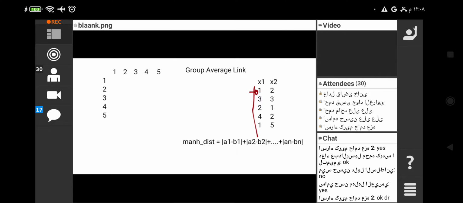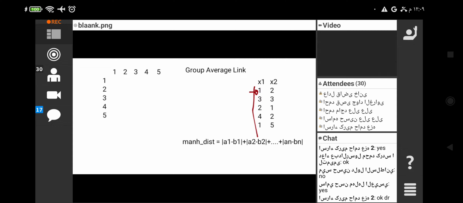Okay, 2 and 3, it is 3 minus 2 is 1, plus 2 is 3. 2 and 4, 3 minus 1, 2, and 2 and 5, it would be 2 plus 2, 4.